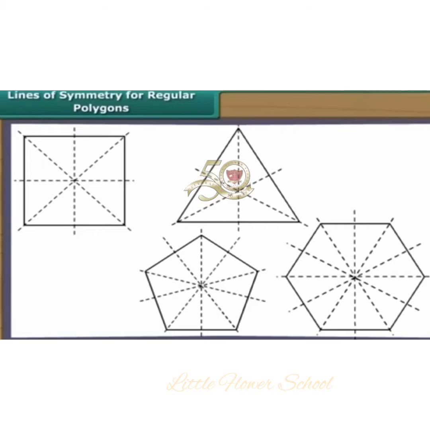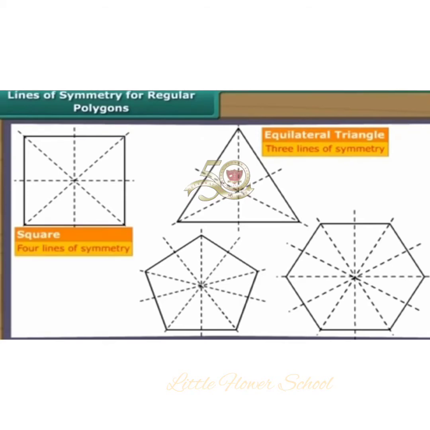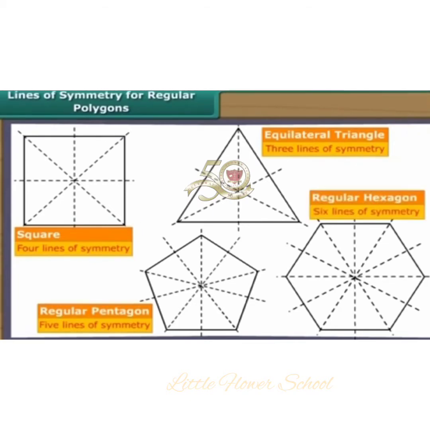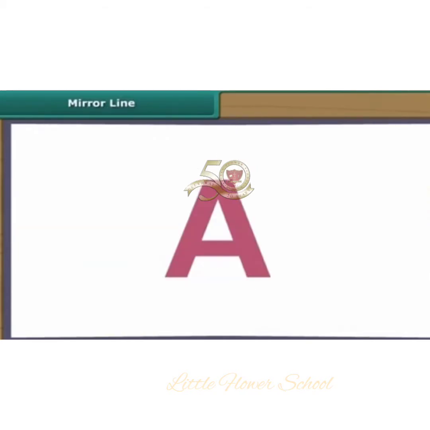Look at these figures. An equilateral triangle has 3 lines of symmetry. A square has 4 lines of symmetry. A regular pentagon has 5 lines of symmetry. And a regular hexagon has 6 lines of symmetry. A shape has a line of symmetry when one half of it is the mirror image of the other half.